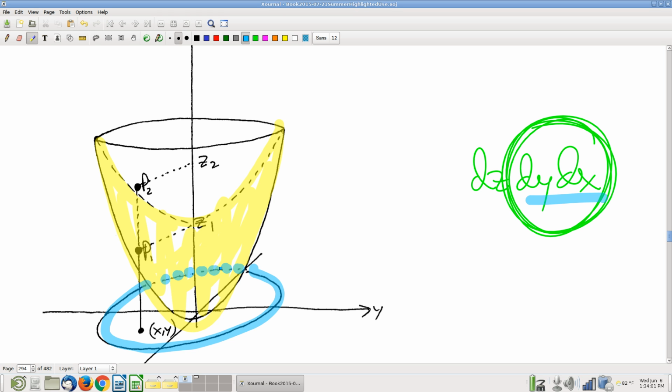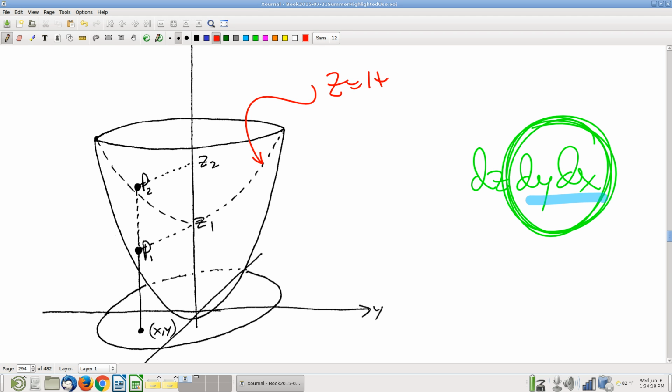The shadow of the solid, let's see here, let me just write down what we know about these two surfaces. That surface was z equals 1 plus x squared plus y squared.